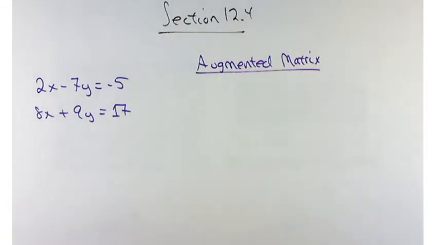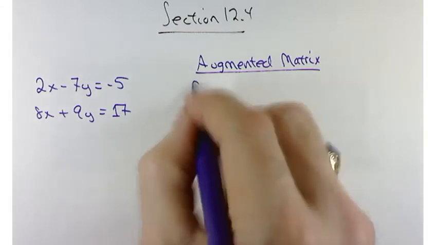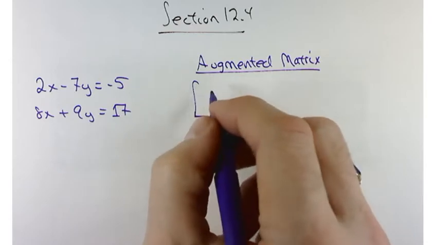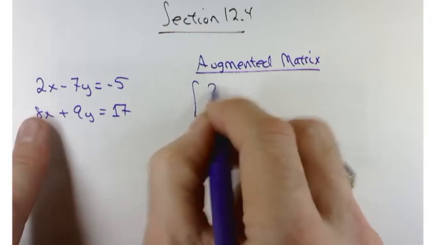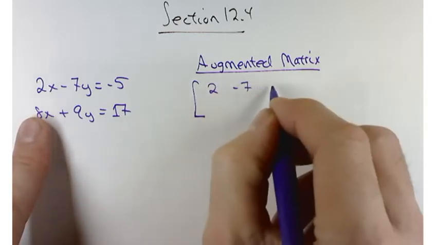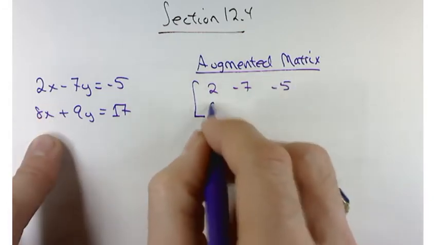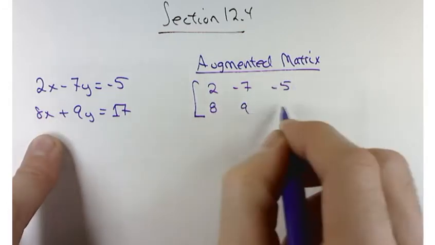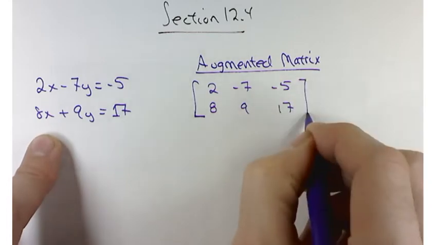So to start bridging the gap between what we would write down on pen and paper and what you can put in a graphing calculator, we need to start looking at the coefficients. So the coefficients of this one would be 2, -7, -5, 8, 9, and 17.